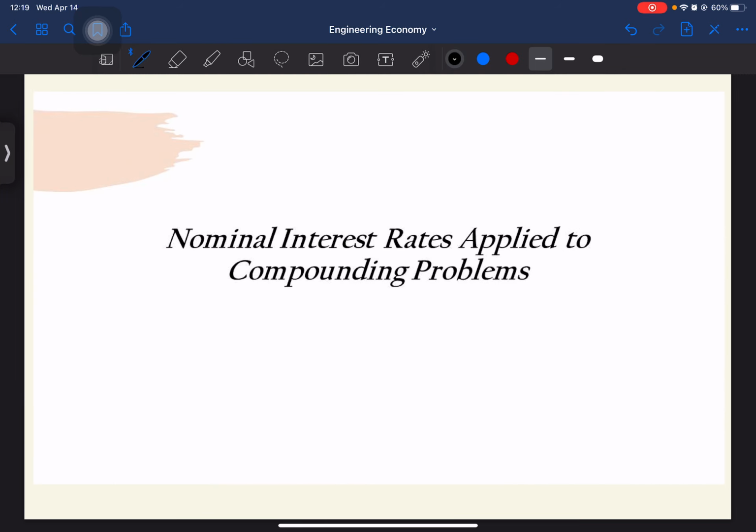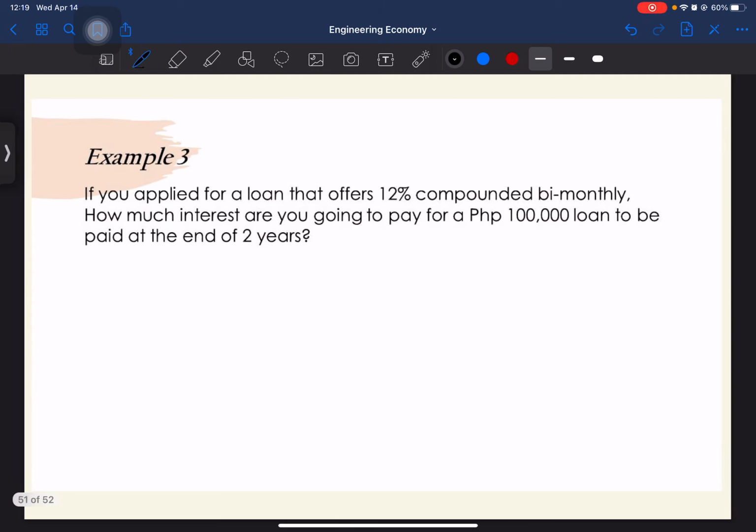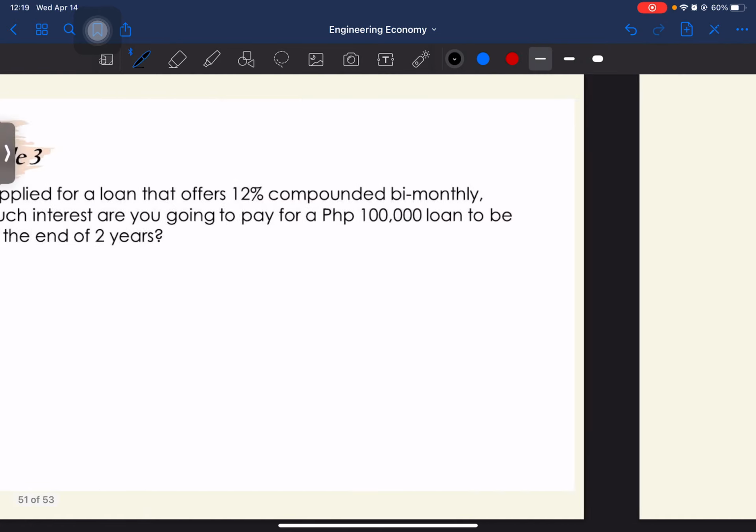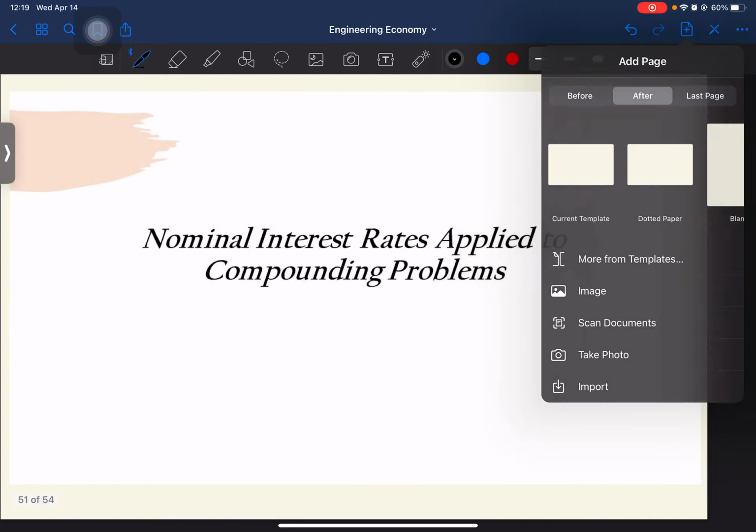Kung kanina ang mga tanungan natin is conversion lang, now let's apply that to compounding problems. Okay? Bago tayo dyan, ito muna. Alam natin na ang formula for compound interest is F equals P times (1 plus I) raised to N. Tama ba?